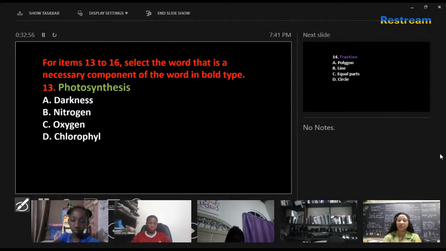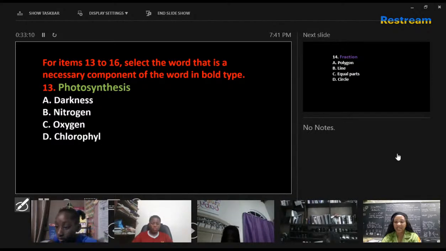That's correct. And it provides energy for photosynthesis. That's correct, Amari. Madison also says chlorophyll. A lot of persons in the chat are saying chlorophyll.